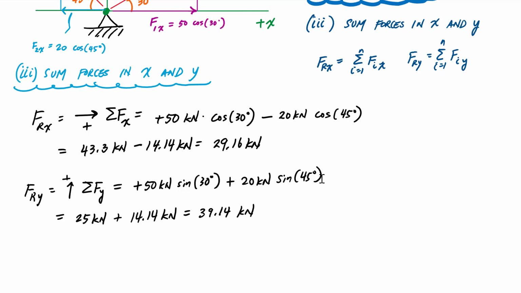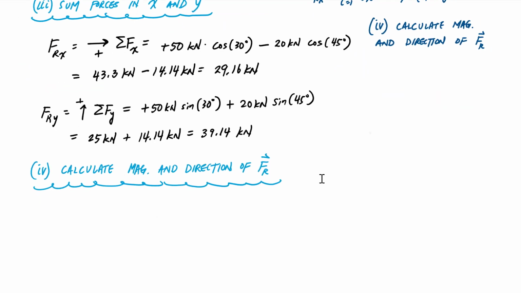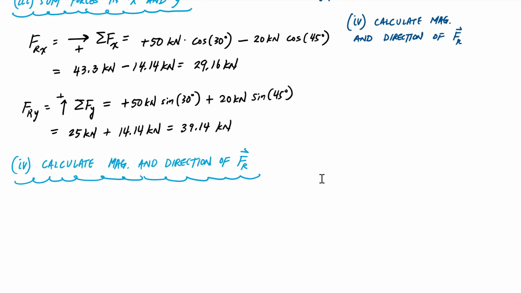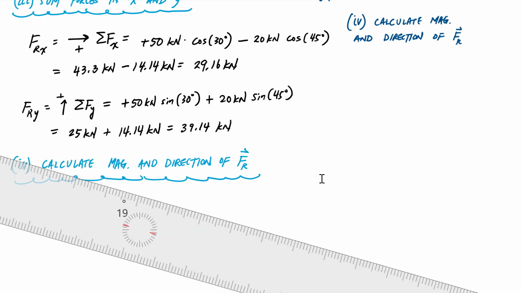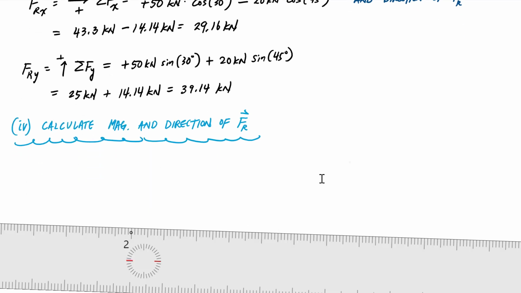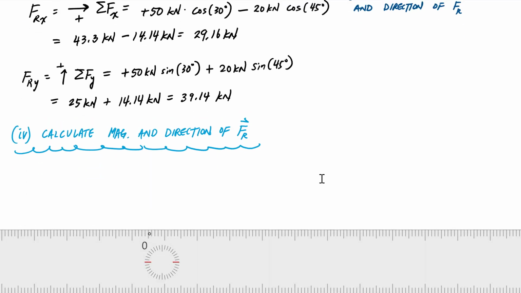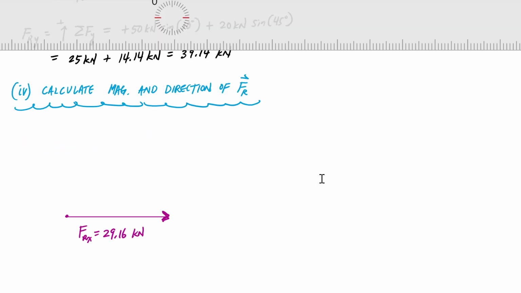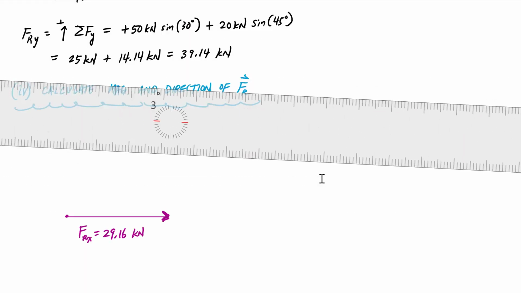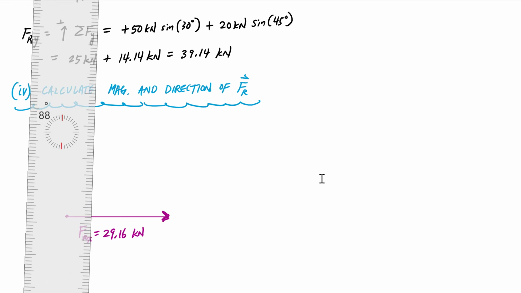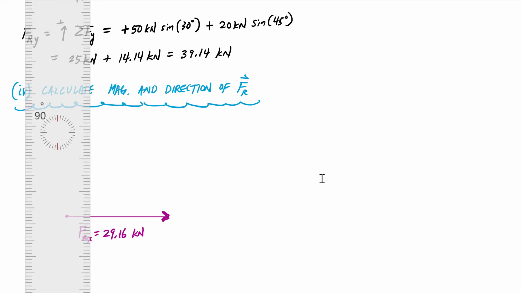Once I know the components of the resultant vector, I can draw them in space, assemble the right triangle, and calculate the magnitude and direction. What's usually helpful here is to actually draw the triangle based on the components. Here I'll use purple again. The x component is 29.16 kilonewtons pointing to the right. I'll draw the x component first, and the vertical component is 39.14 kilonewtons pointing straight up.